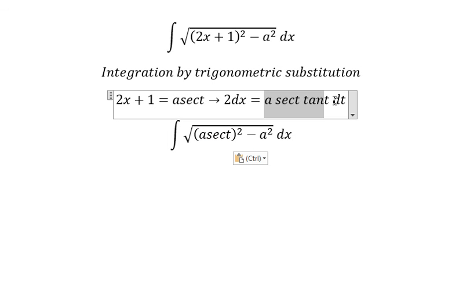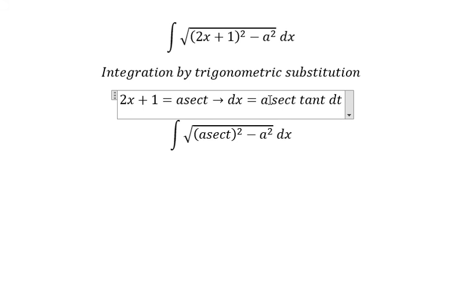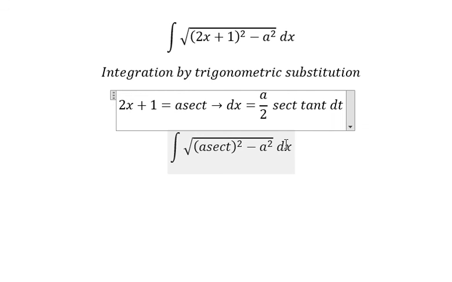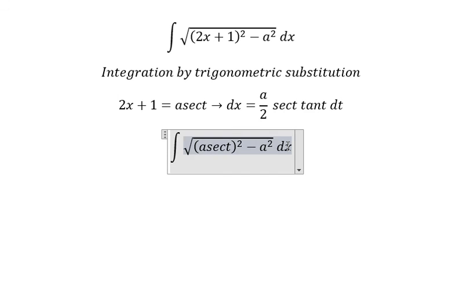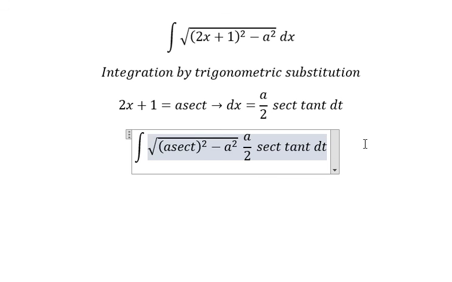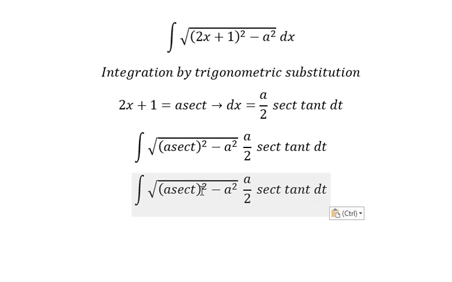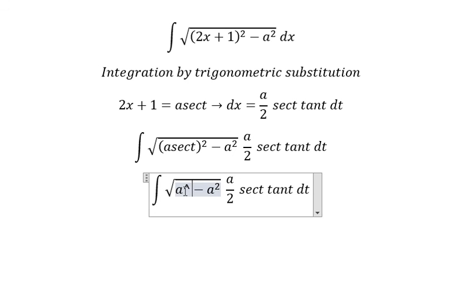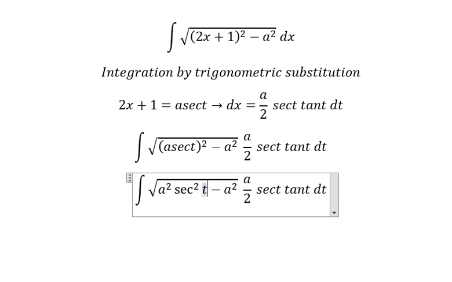dx we change for this one, but we have number 2 in here, so we divide both sides by number 2, and we change this one in here. This one we get a square secant of t square.